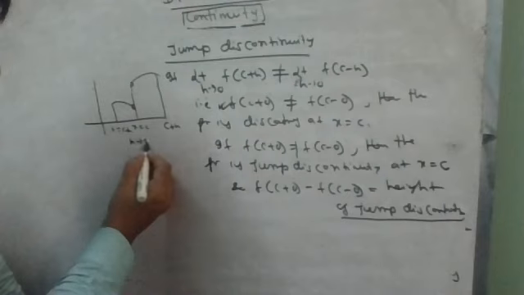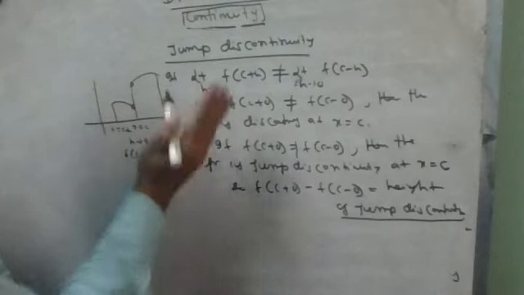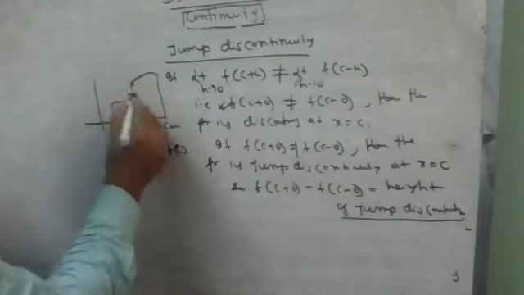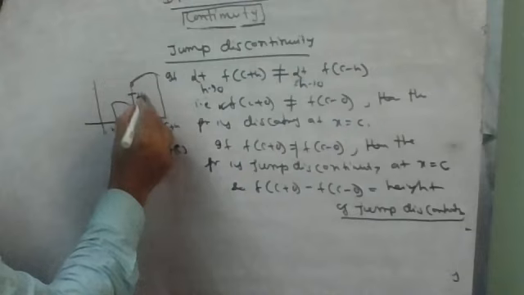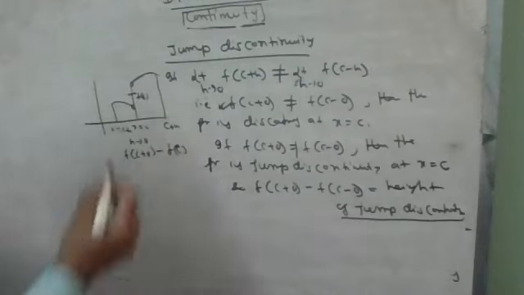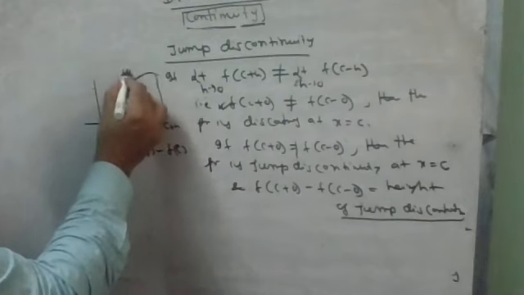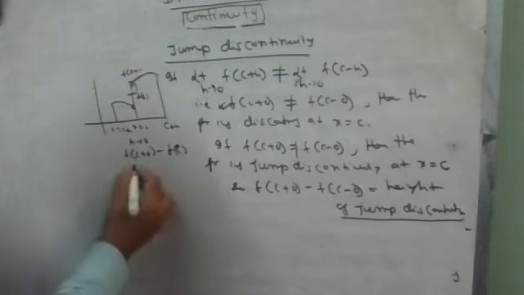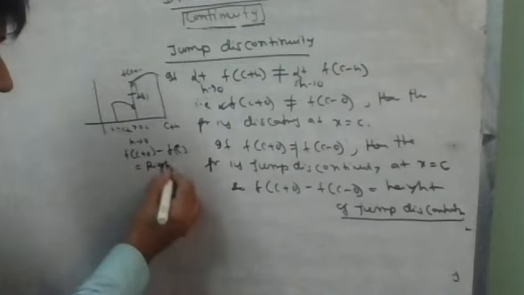See, in this case, if h tends to 0, that means f(c+0) minus f(c), the right hand part, is called the right jump.